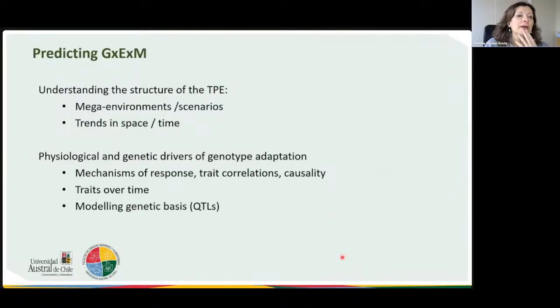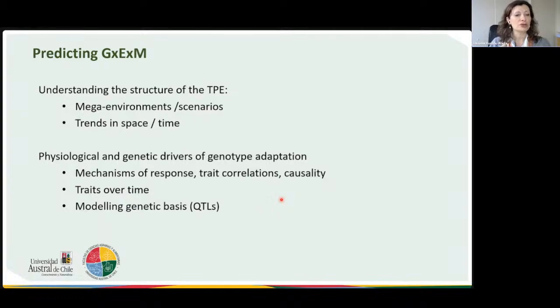So predicting GBI, there is a lot to do. It's quite a challenge, but I try to group it into two sets of things. One is how we can understand the structure of this target population of environments. Do we have mega environments? Do we have water stress scenarios? Do we have trends in space, latitude, longitude, or time, for example? The other part, which is perhaps more mechanistic, is the physiological and genetic drivers of genotype adaptation.